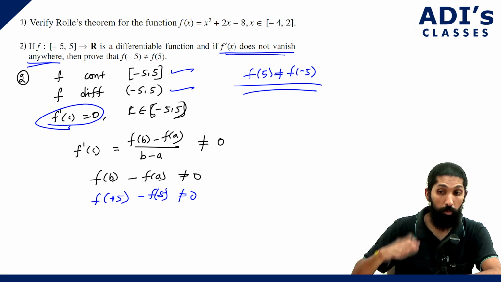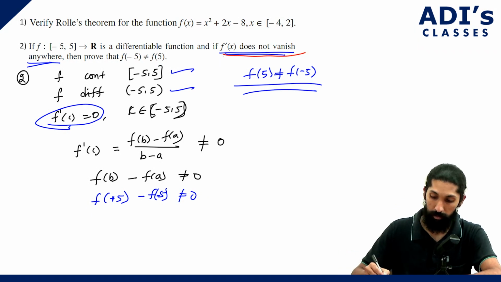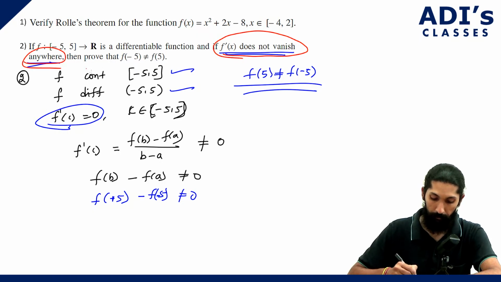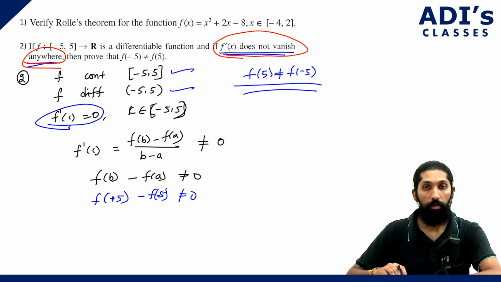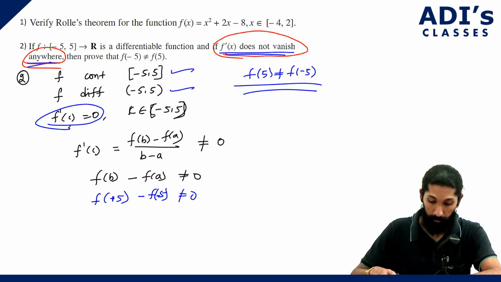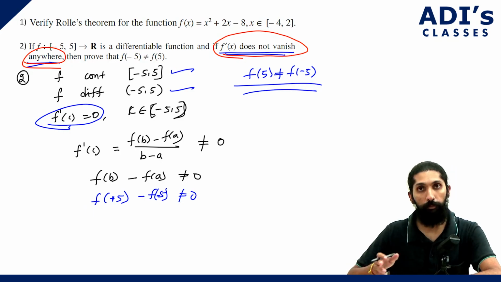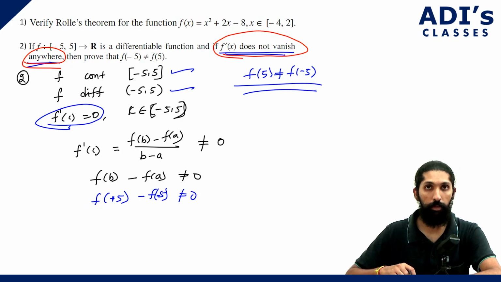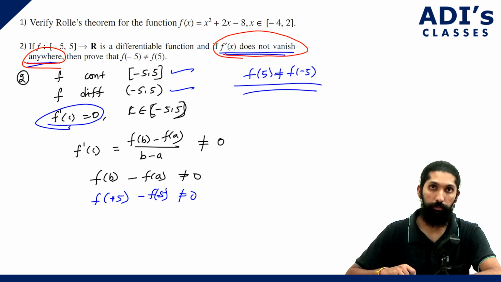The whole point of the problem, and the most important part, is this: because the numerator is a non-zero value, f of a is not equal to f of b. In our case, f of 5 is not equal to f of minus 5. Clear? Now, let's do the third question.